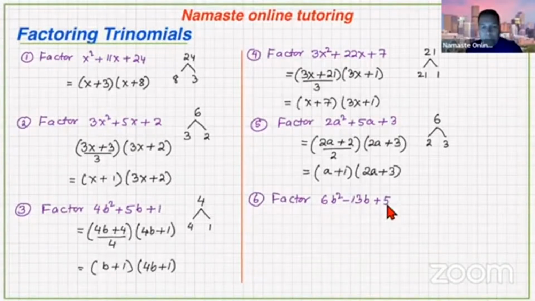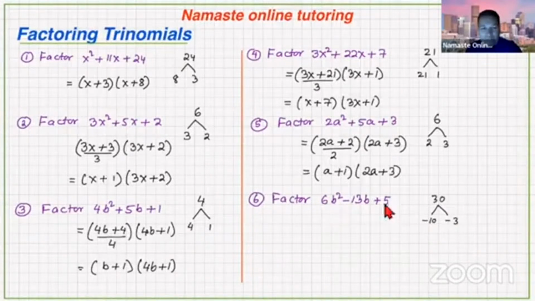So 6 times 5 is 30. And then from 30, we need to find two numbers that will add to negative 13. So the factors would be negative 10 and negative 3, because negative 10 times negative 3 is a positive 30. But if we add these two, then it will be negative 13.